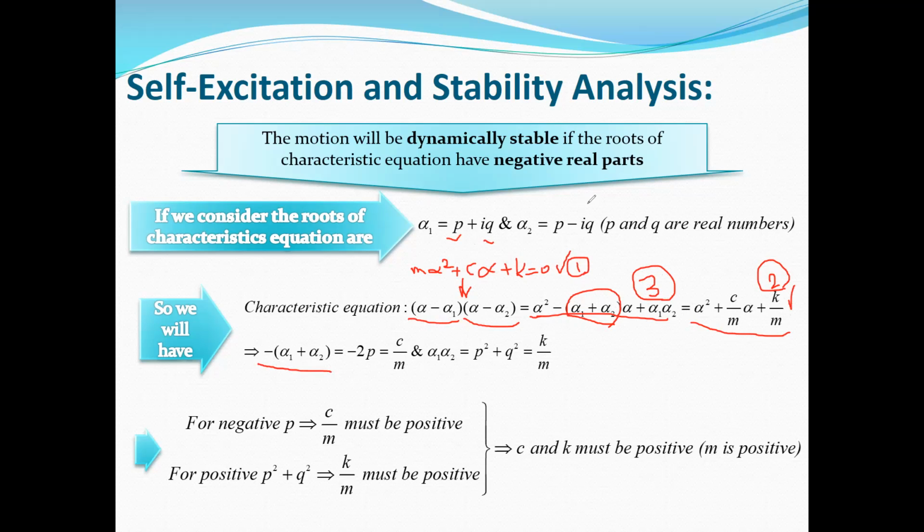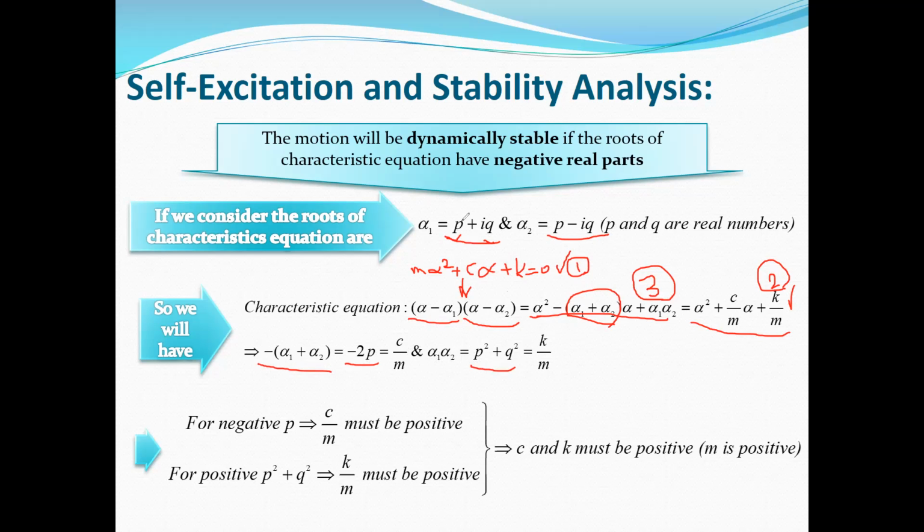So plus iq with minus iq will cancel out each other, and we will have the summation of alpha 1 plus alpha 2, which is equal to 2 times p, and we have one negative, so it will be minus 2 times p. It must be equal to c divided by m. Also for alpha 1 times alpha 2, if you substitute alpha 1 equal to p plus iq and alpha 2 equal to p minus iq and simplify, you can conclude that alpha 1 times alpha 2 is p squared plus q squared.